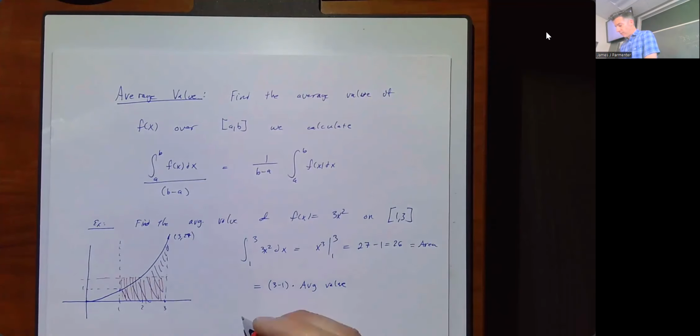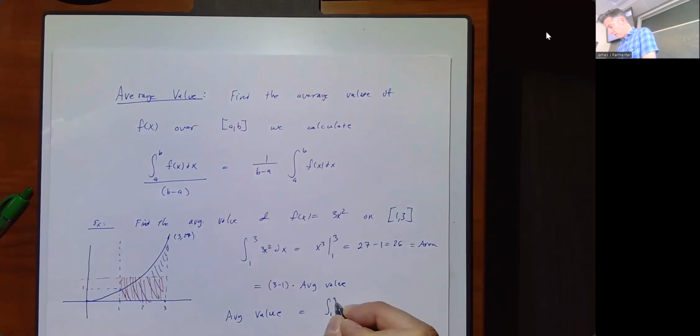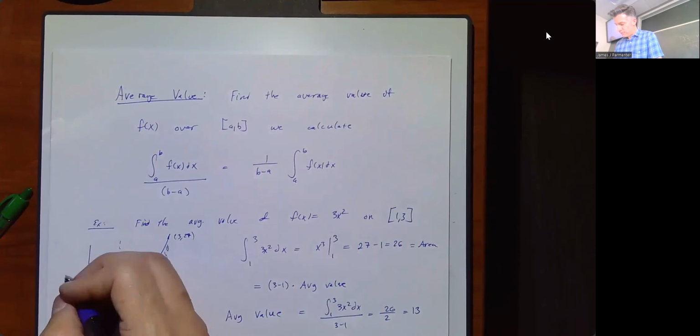So our average value here is equal to our integral from 1 to 3 of 3x squared divided by 3 minus 1, which is 26 over 2, which is 13. I know my picture is really not to scale. Sorry about that.